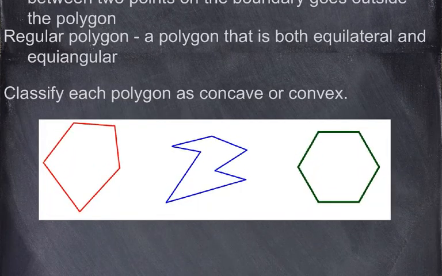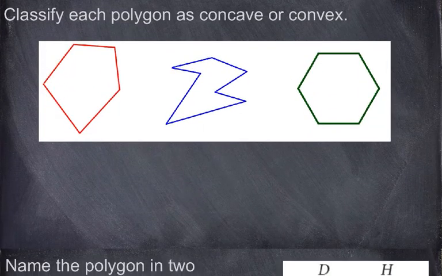Alright, so classify each polygon as concave or convex. So again, convex means you cannot create a line segment that goes outside the polygon, whereas concave you can. So this first one, here we have the red shape.